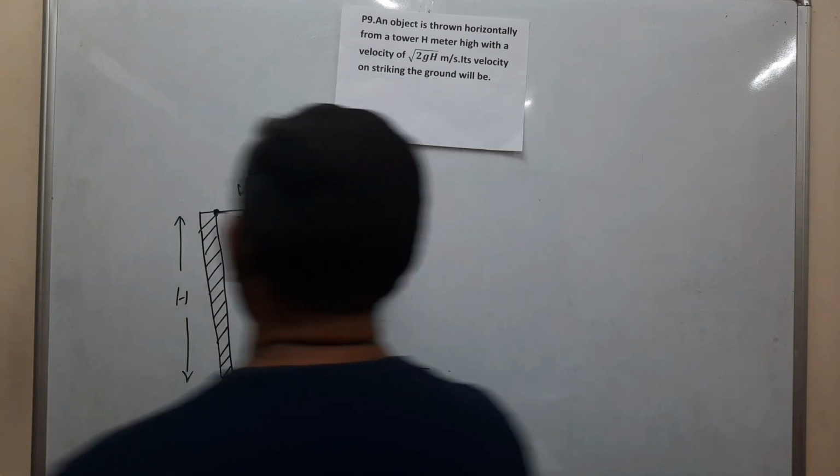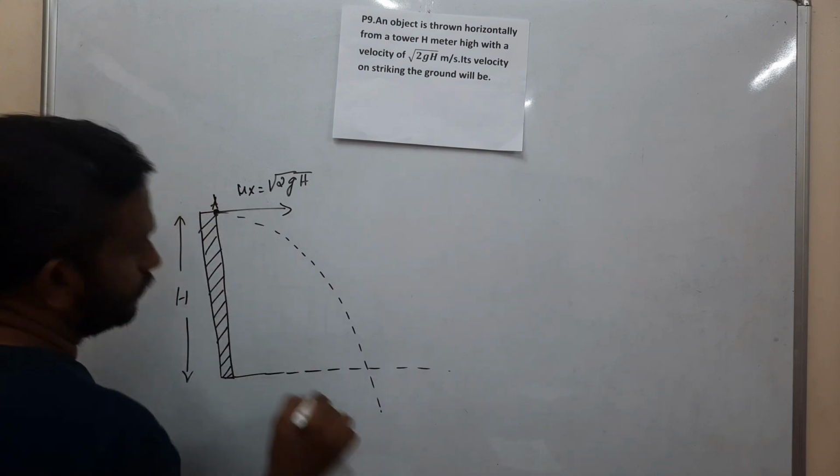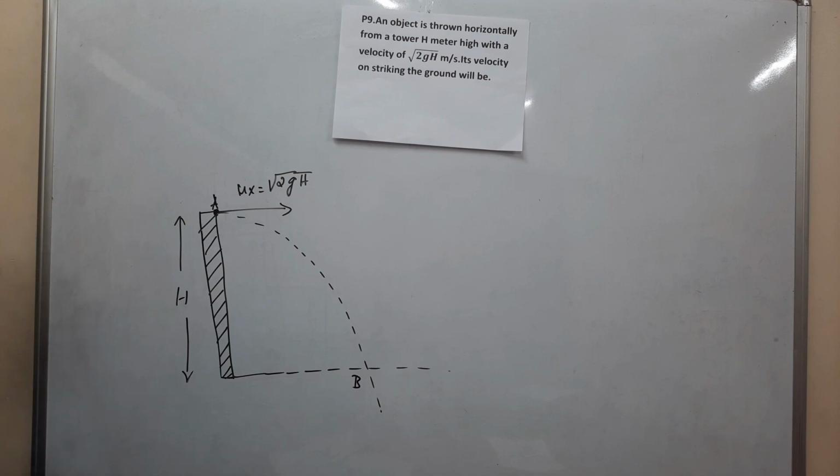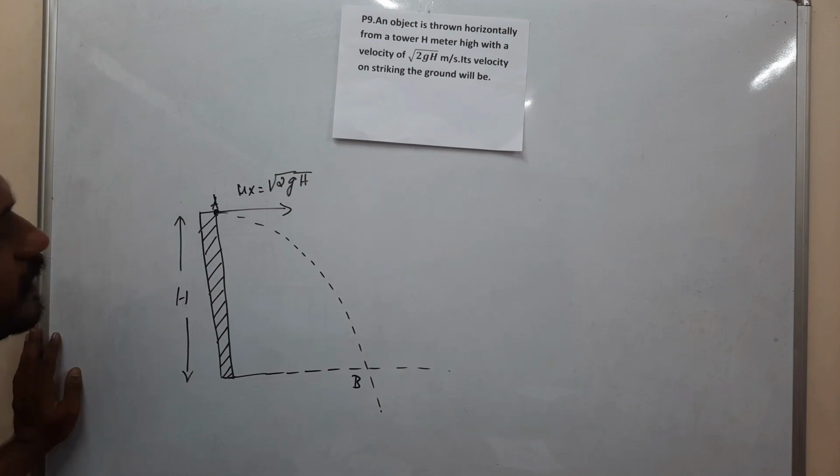I am considering the vertical motion from A to B. Its velocity on striking the ground will be.